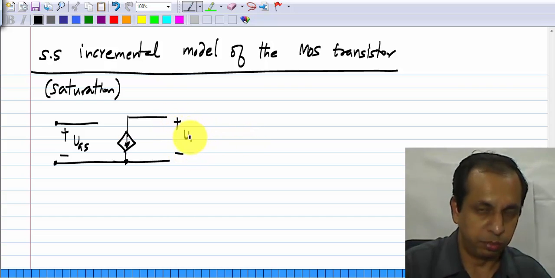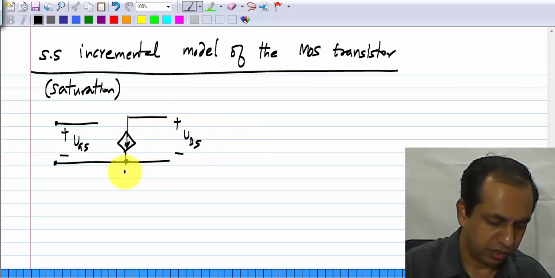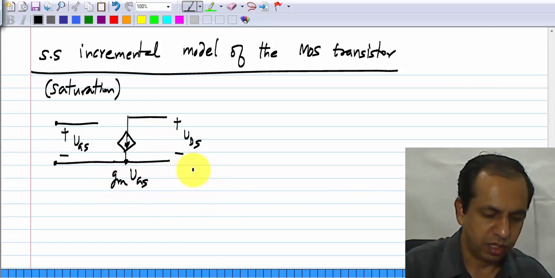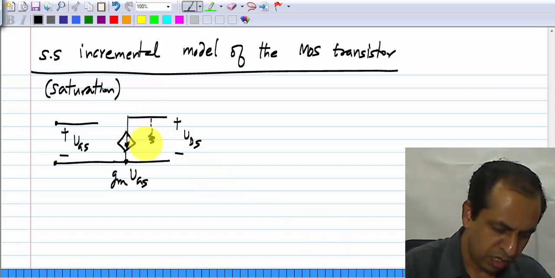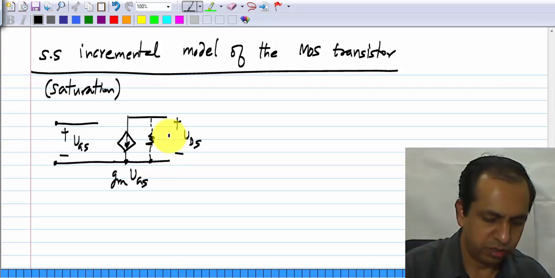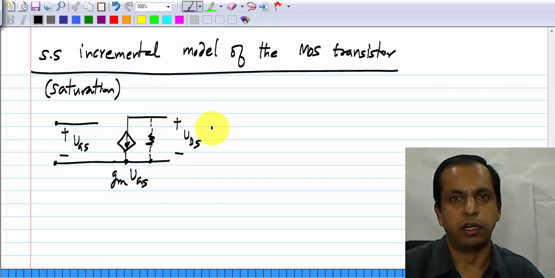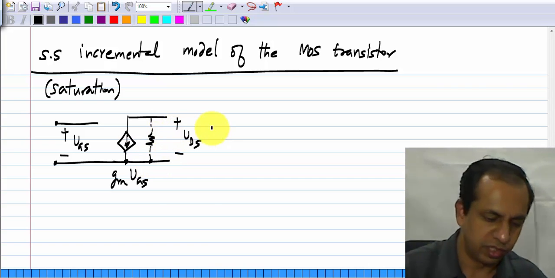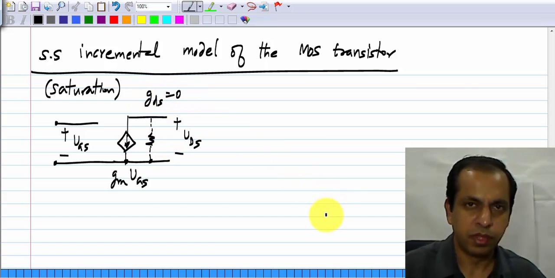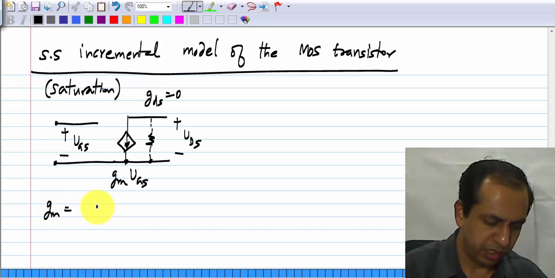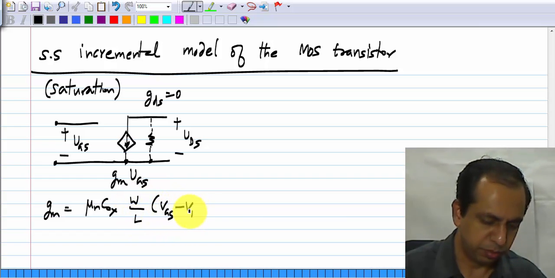The voltage V2 will be VDS, and this current is GM times VGS, and the conductance is 0. There would be a conductance here, but because the drain current has no dependence on the drain source voltage, this conductance is 0. And the expression for GM is given by mu n Cox W by L times VGS minus VT.